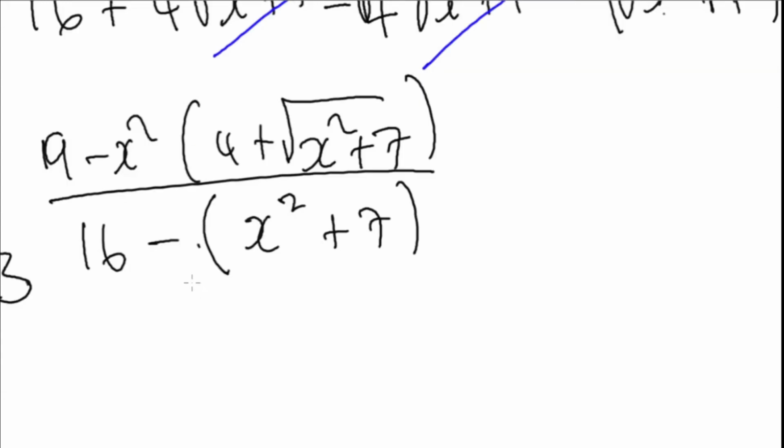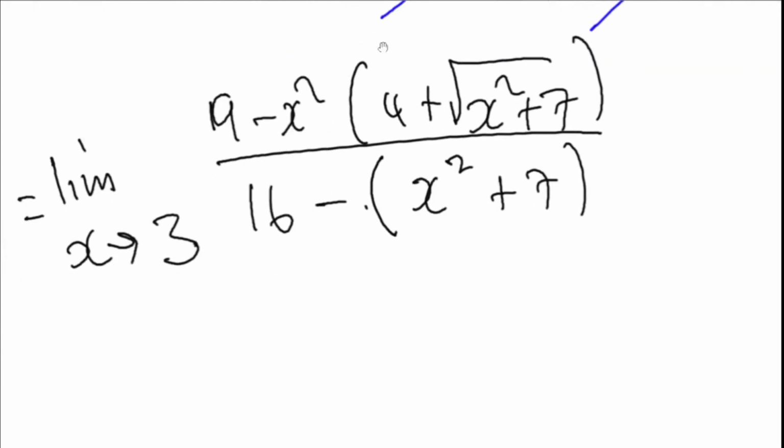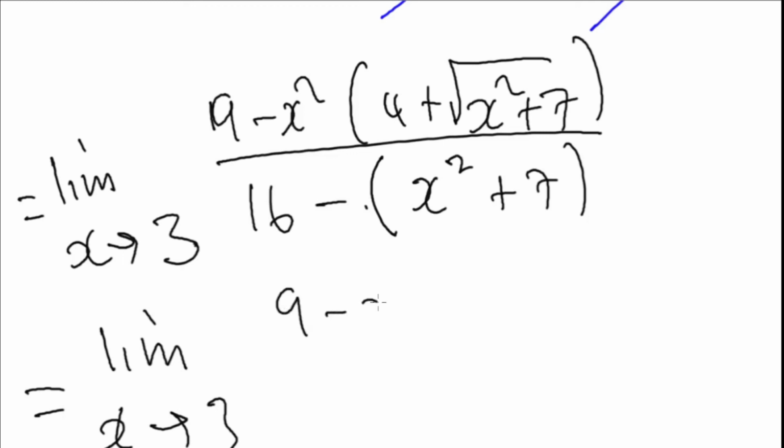So now, friends, you continue simplifying until it is simple for you. If you bear patience and continue simplifying, if you are doing them properly, you find a way of cancelling things from the top and the bottom.